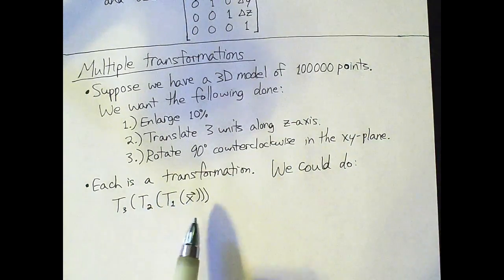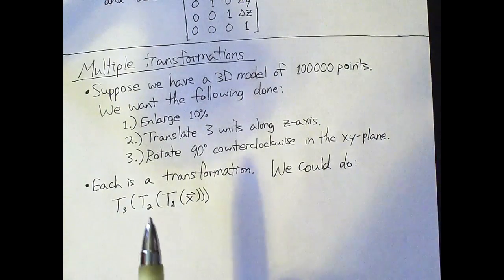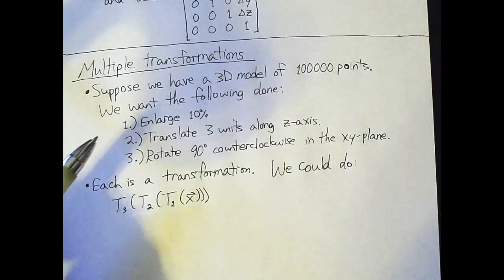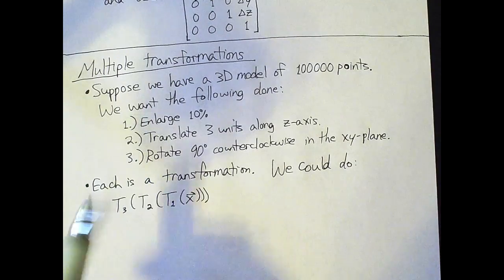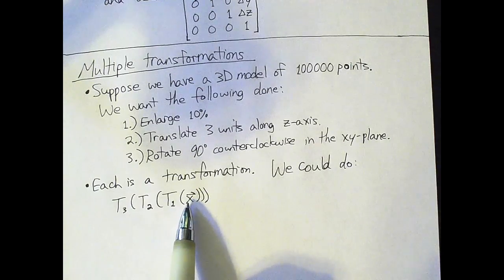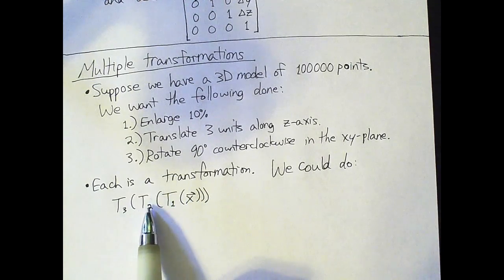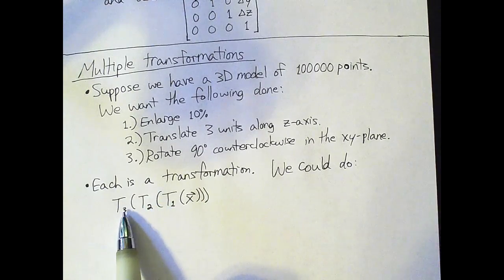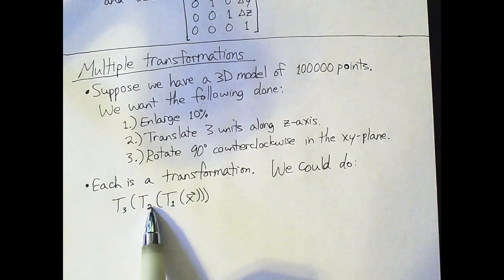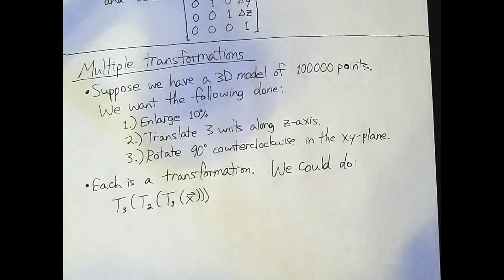Notice that I wrote 3, 2, 1. The reason I did that is because order of operations says you do what's in the parentheses first. So my first transformation, enlarging by 10%, is T1. So first I enlarge by 10%. Then I want to translate 3 units along the z-axis, and then I want to rotate 90 degrees counterclockwise. So T1 happens first, then T2, and then T3.